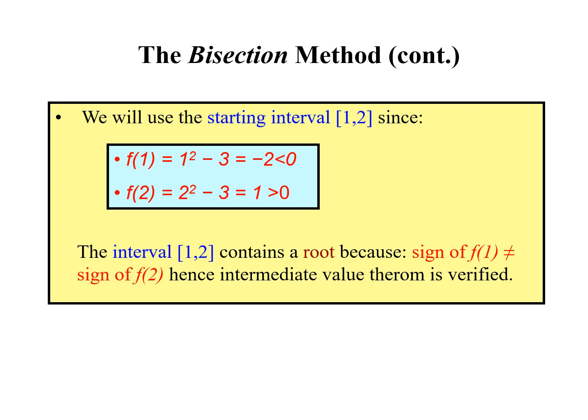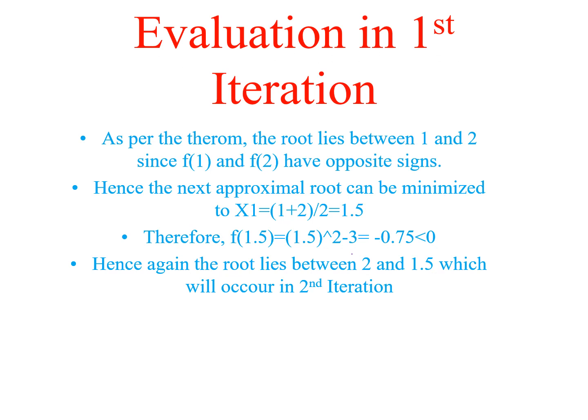Since f(1) and f(2) are of opposite signs, we have the root lying between 1 and 2 by the intermediate value theorem. In the first iteration, the middle value, the first approximate root, is (1 plus 2) by 2, that is 1.5. Therefore, the function value at 1.5 is negative.